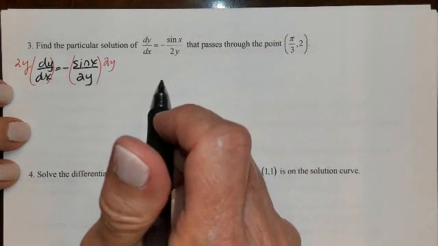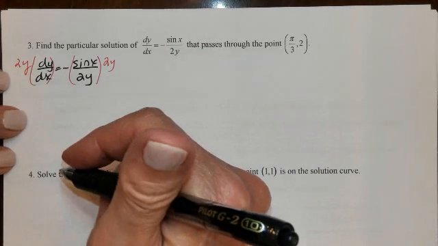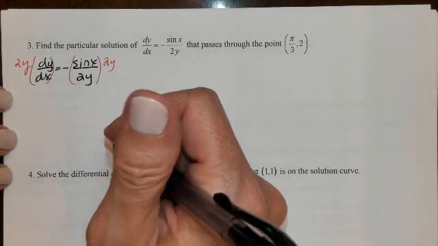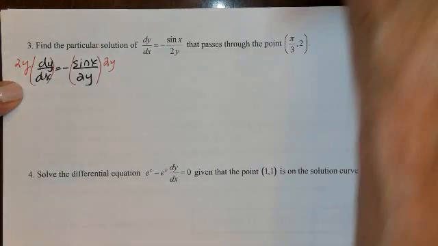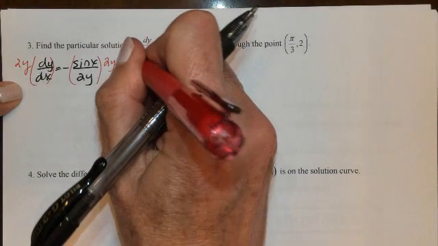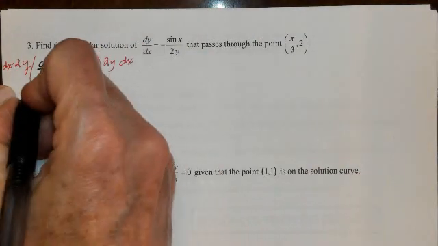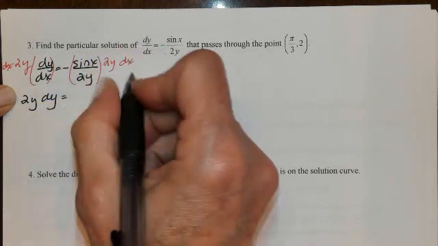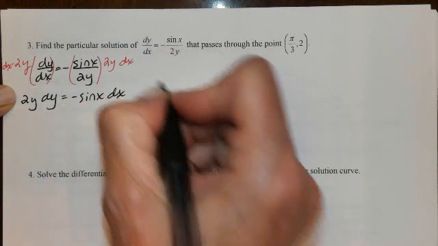I'm showing that again because for some reason kids just move it and keep it in the bottom here, or they add it, or they do weird things to get it over there. We're multiplying both sides by 2y. And then we're going to multiply both sides by dx, right? So we get 2y dy is equal to negative sine x dx.